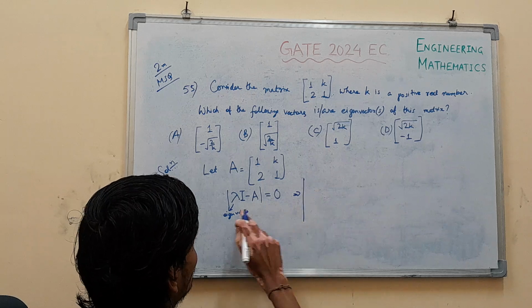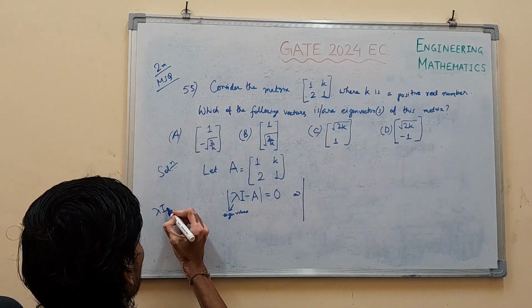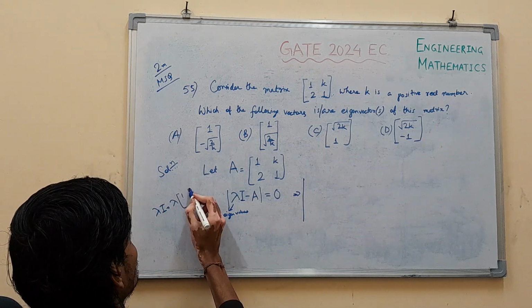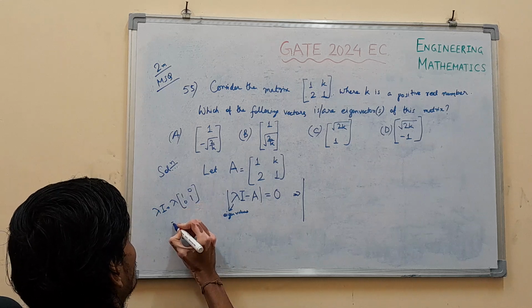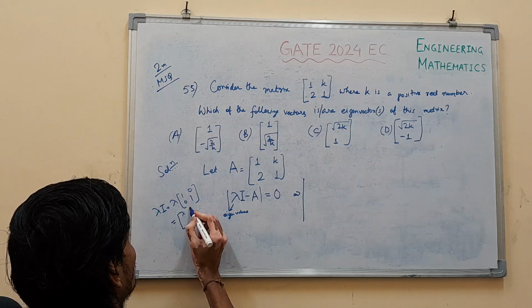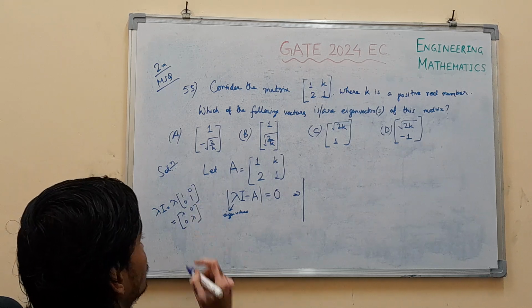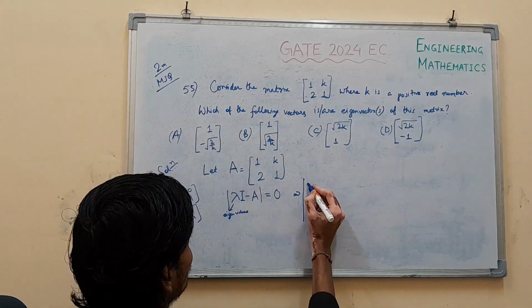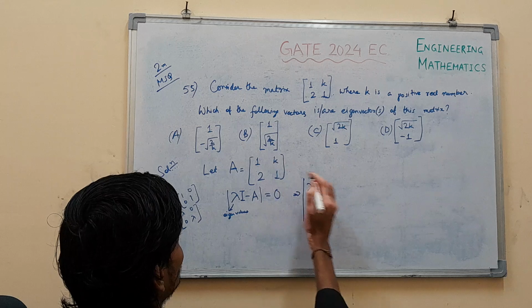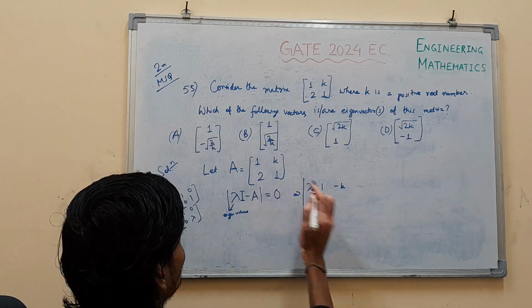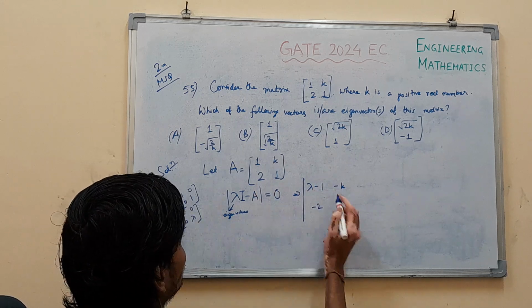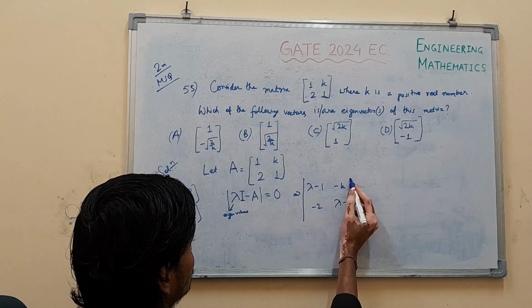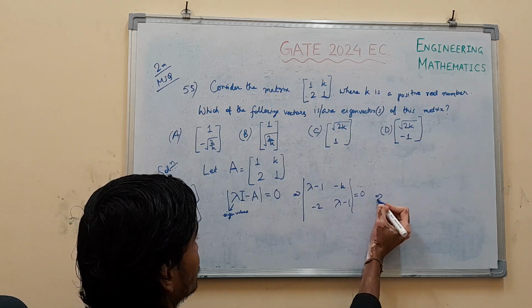What we get? Lambda I is nothing but lambda times [1 0; 0 1], that is [lambda 0; 0 lambda]. So this will be [lambda minus 1, minus k; minus 2, lambda minus 1]. So determinant of this is 0.